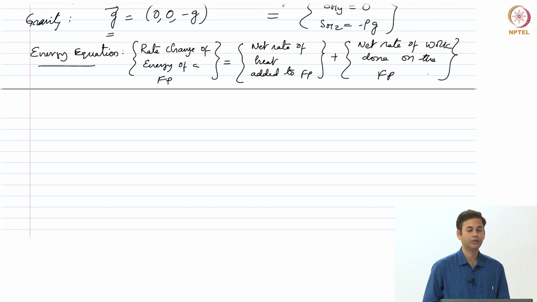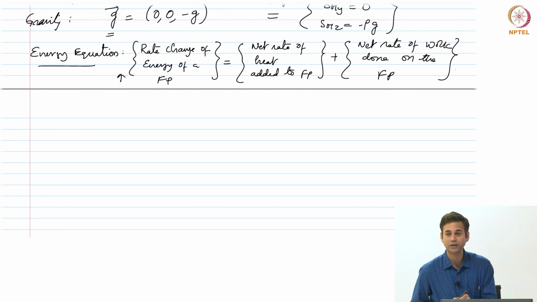So, that is how the energy of a fluid particle is going to change. It is going to increase if work is done on the fluid particle or if heat is added to the fluid particle, then its energy is going to increase, right.